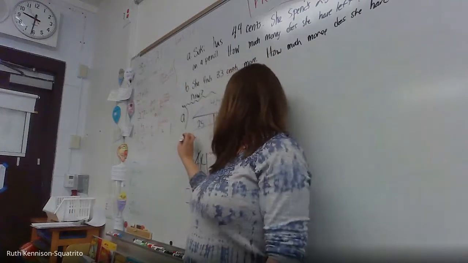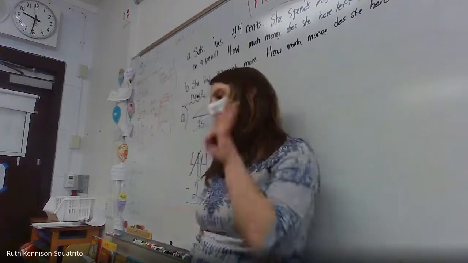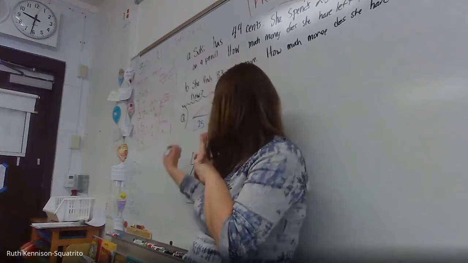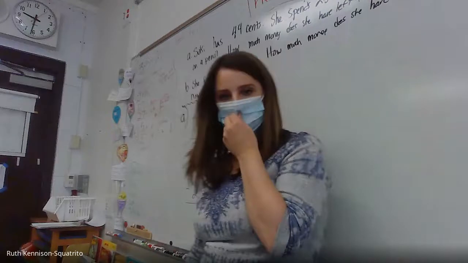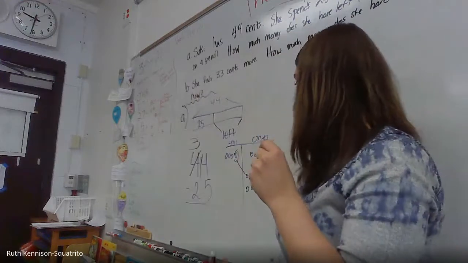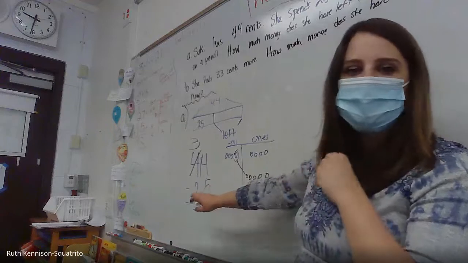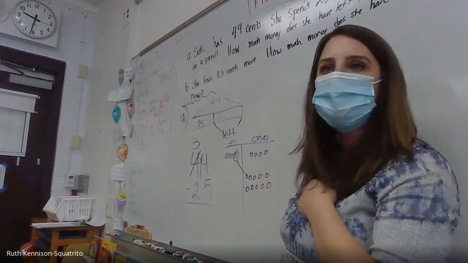It is 9. 4 minus 1 is 3. Okay. And we're going to cross out the 5 that we are subtracting now, right? Now you've got 14 minus 5.